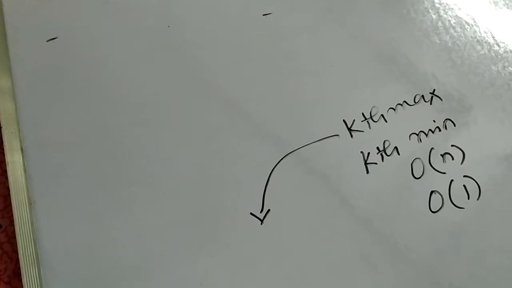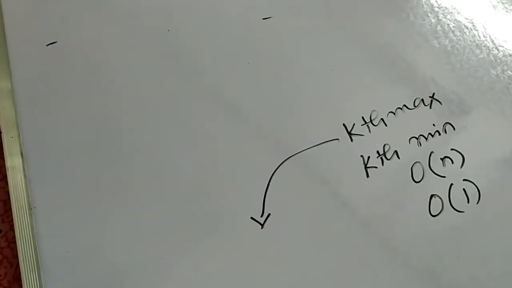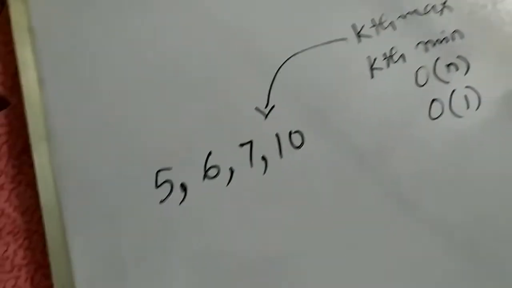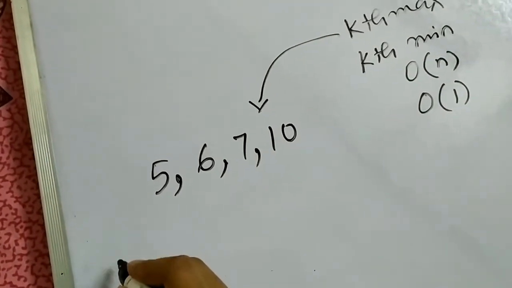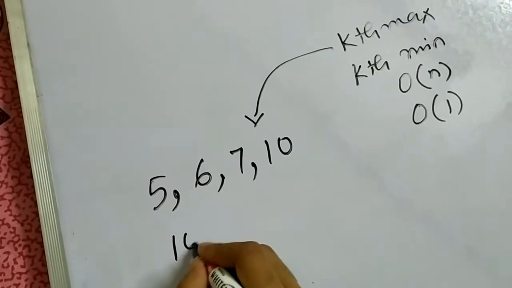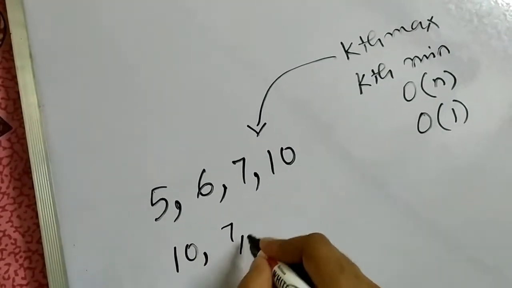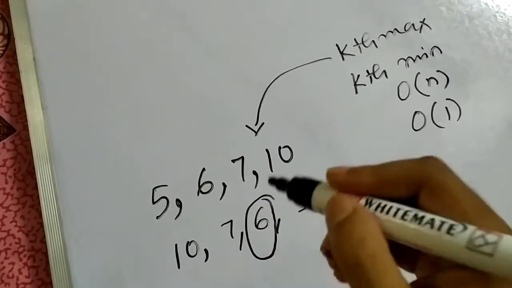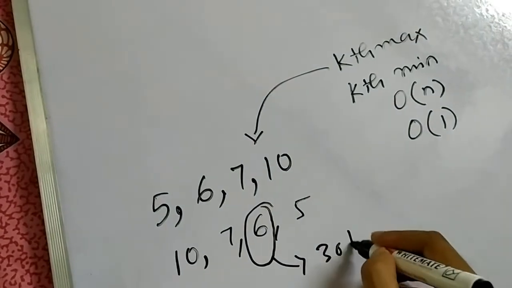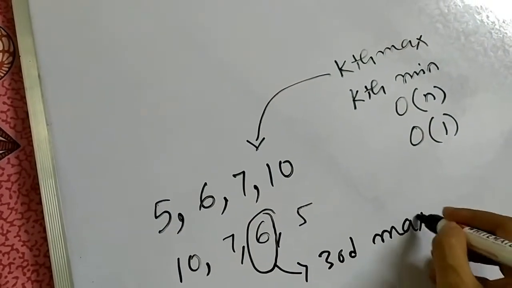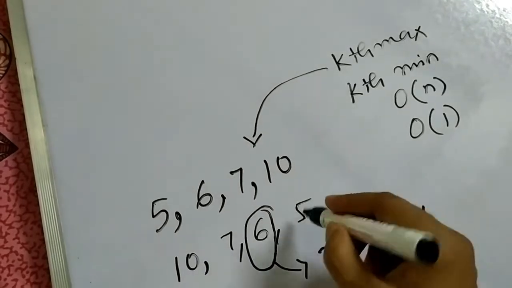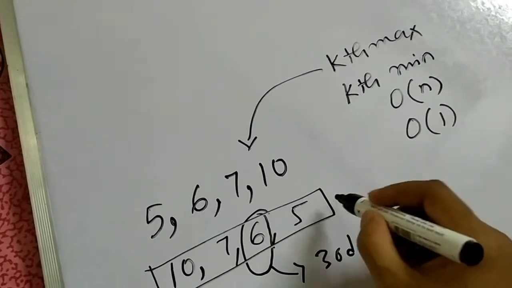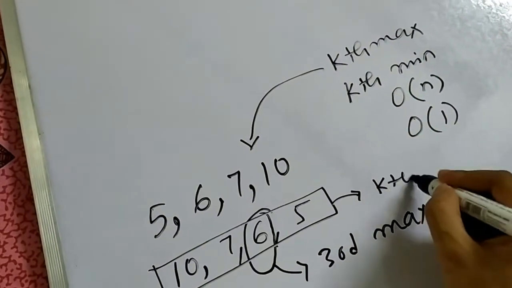If I have some elements of an array like 5, 6, 7 and 10, and I arrange them in decreasing order, that is 10, 7, 6 and 5, the element which is coming in the third place is my third maximum. In the same way, if any element is coming in the kth position in this array, then we will call that the kth maximum.